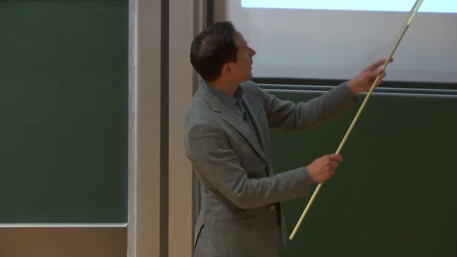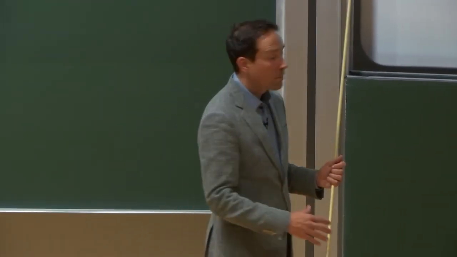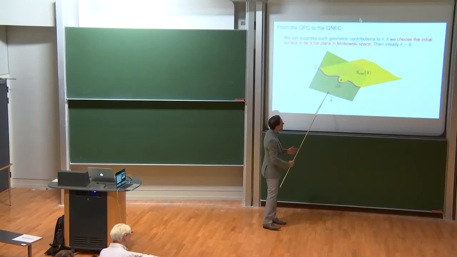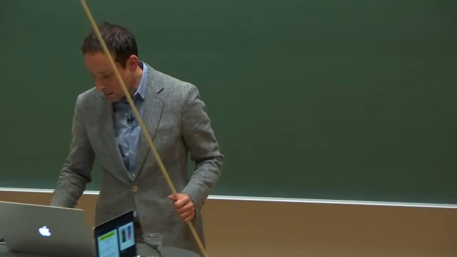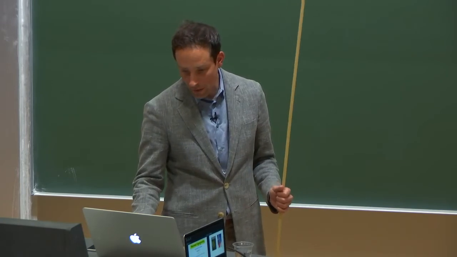I'm going to consider one of these null planes, something like Z equals T in Minkowski space. That is the kind of null surface that has vanishing expansion. Little theta, the classical theta, is just 0.